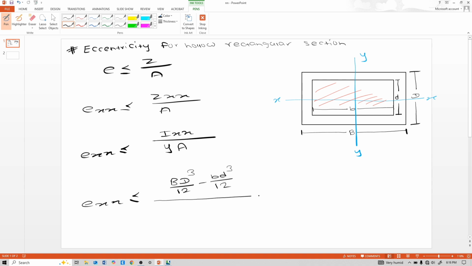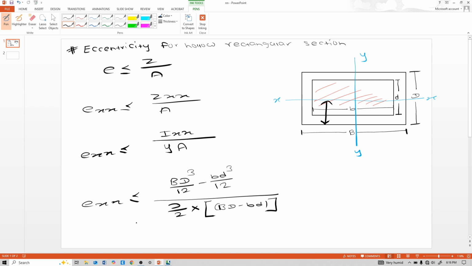Okay, this is the moment of inertia, and y is nothing but the distance from the x-axis to the outer fiber, that means capital D by 2. And now find the area. The area for the rectangular hollow section is BD minus small b into small d.